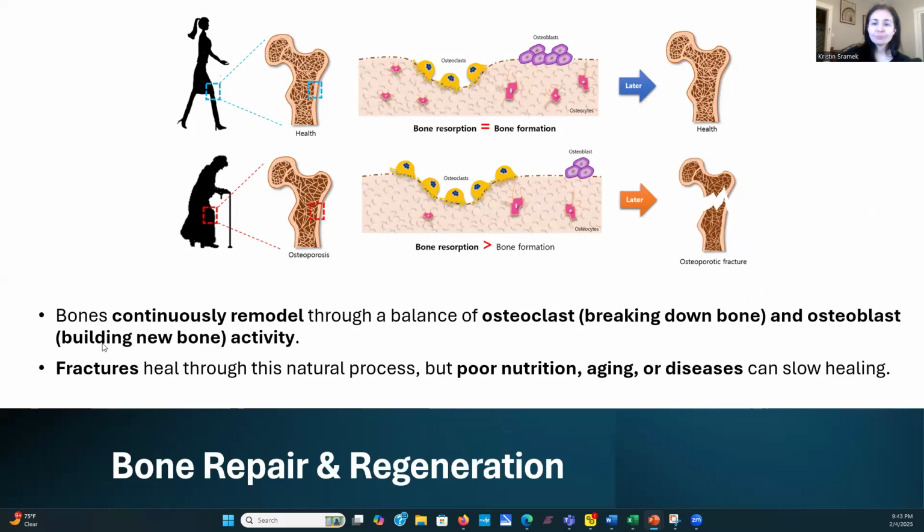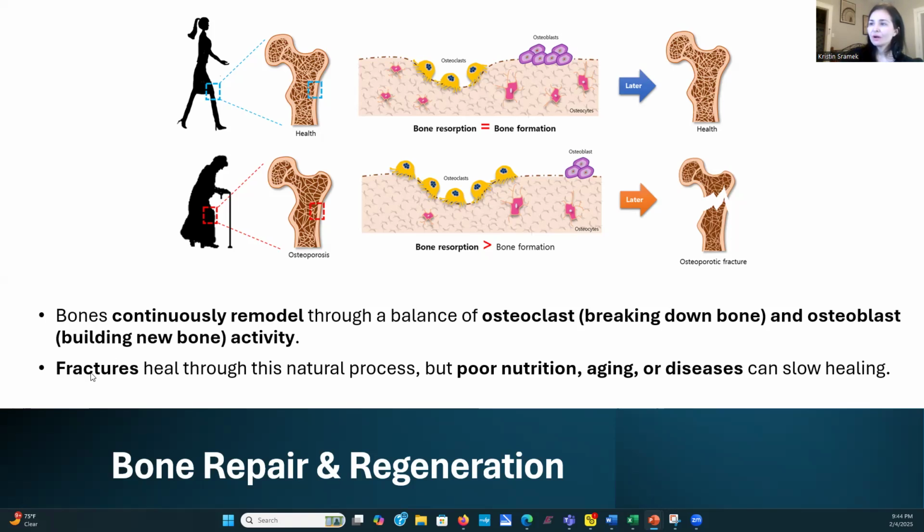In terms of bone repair and regeneration, the bones are actually responsible for doing two different things, which I think are quite interesting. So they both break down and they rebuild. The osteoclasts are the breaking down and releasing of bone, and then the osteoblast is the rebuilding of bone.